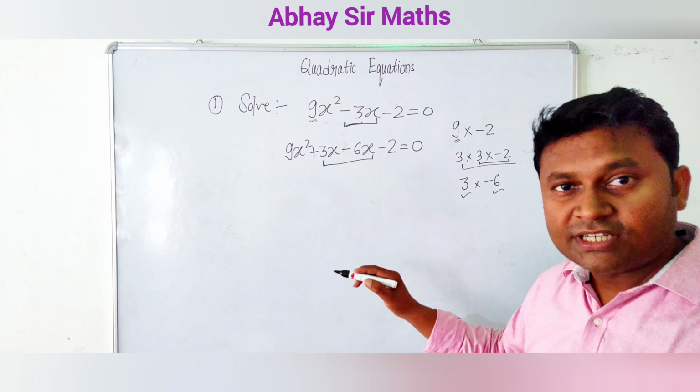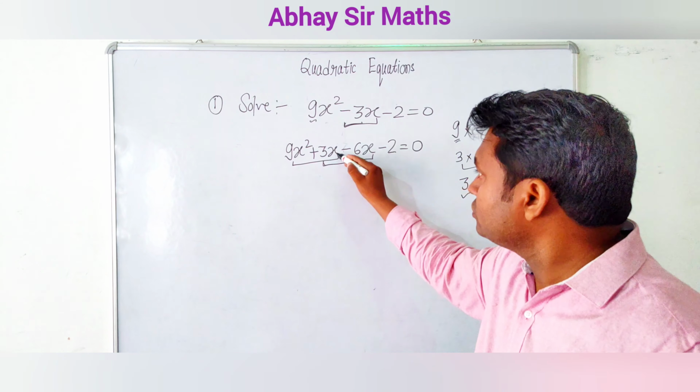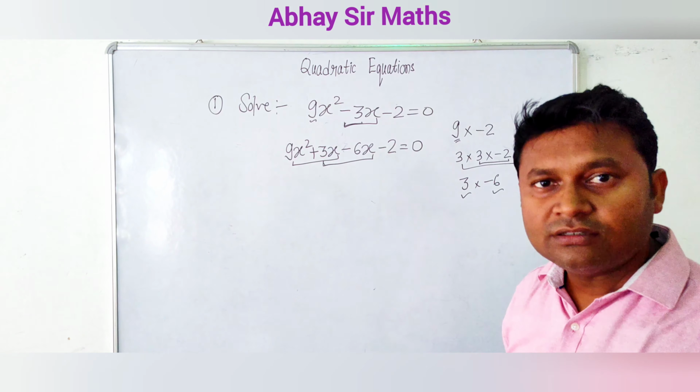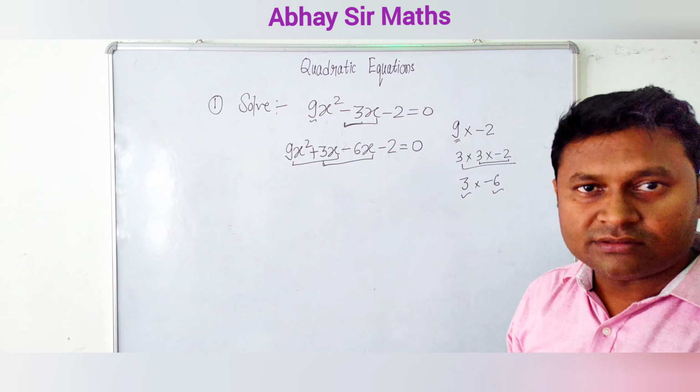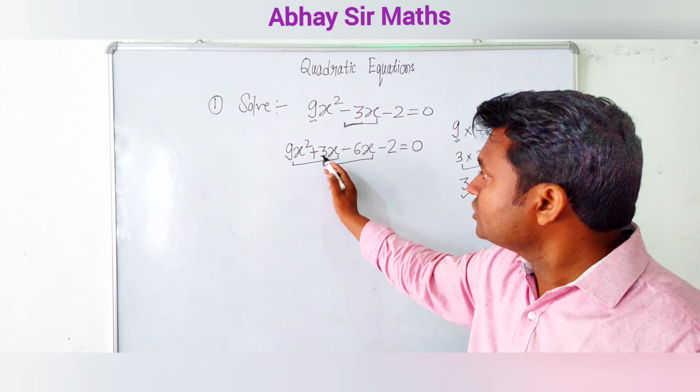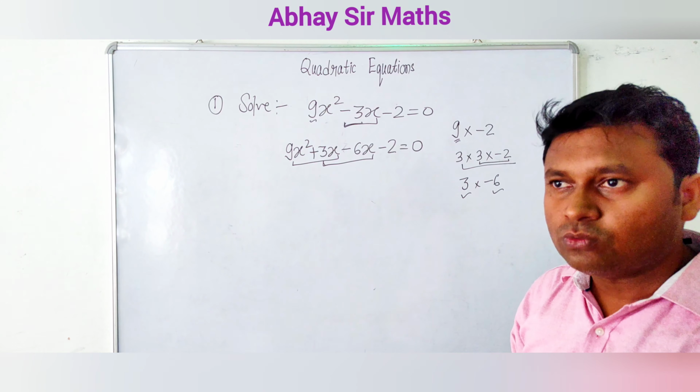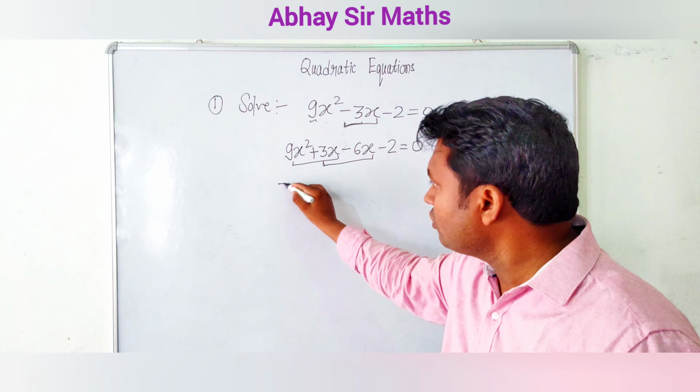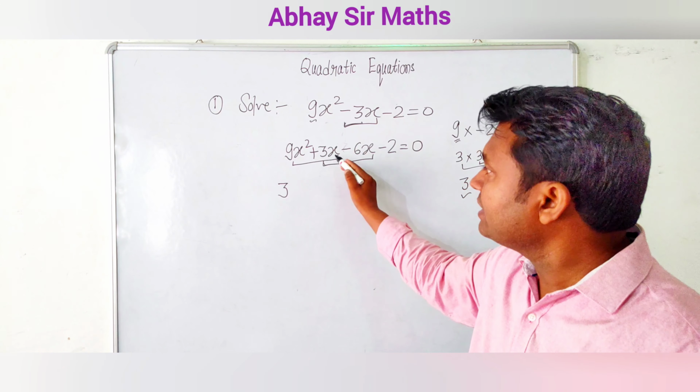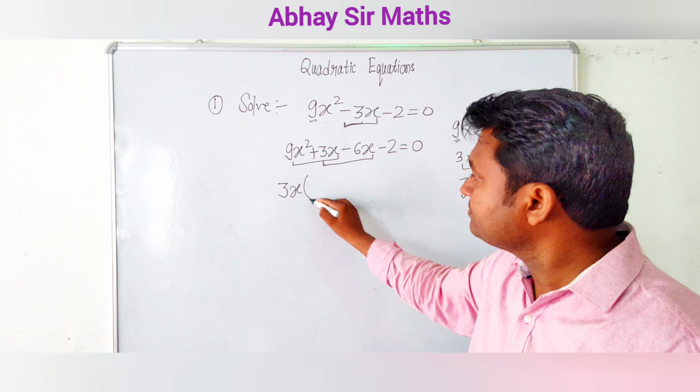Now group these two terms together and take common. First the numbers 9 and 3: 3 is common, and x square and x, so x is also common.